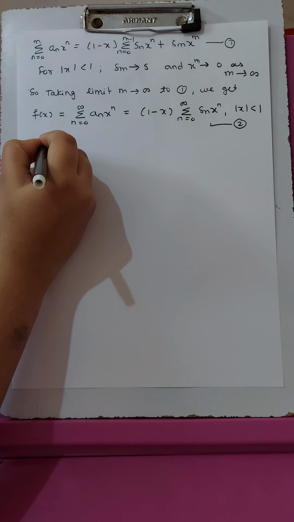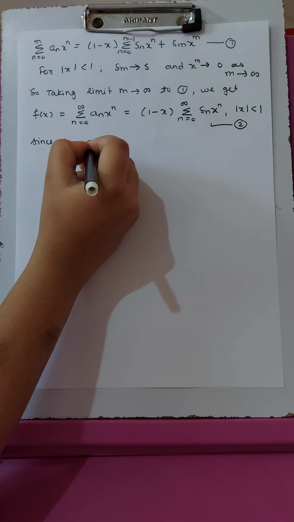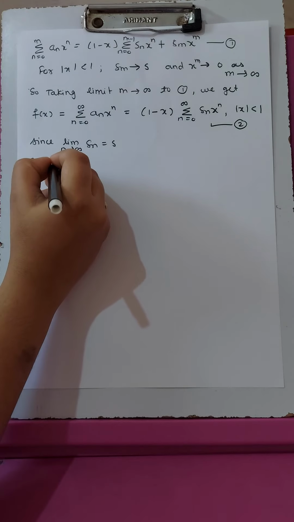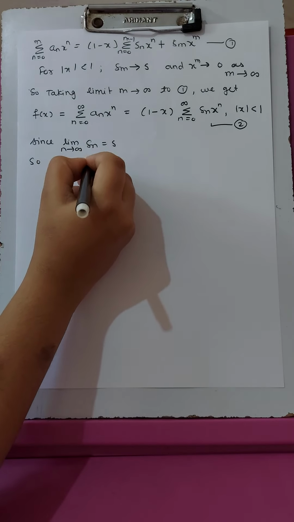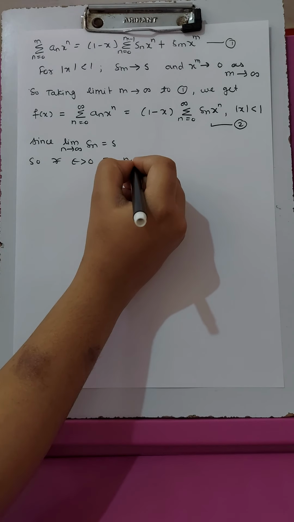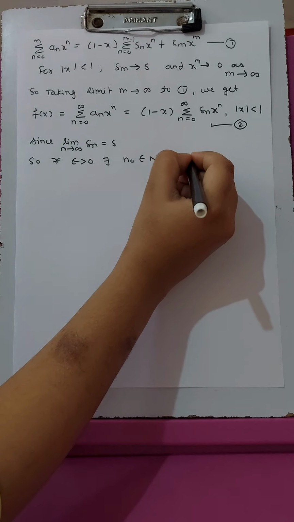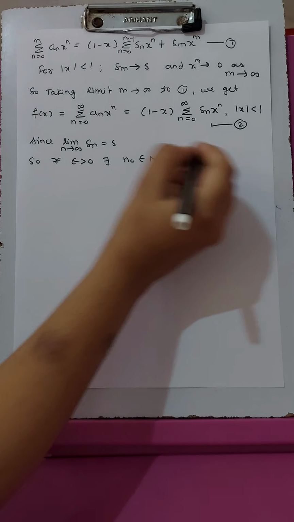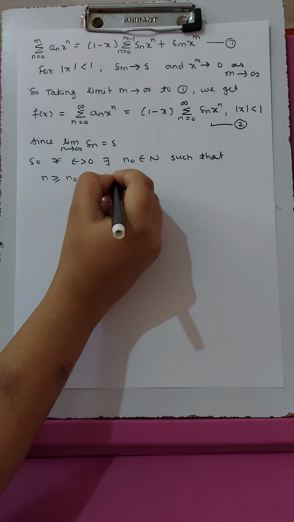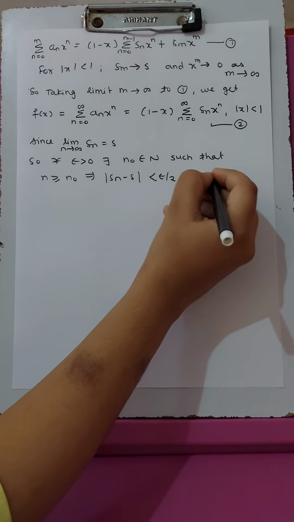Now since limit n tends to infinity Sn equals s, so for epsilon greater than 0 there exists n0 belonging to the natural numbers such that n greater than n0 implies mod of Sn minus s less than epsilon by 2.